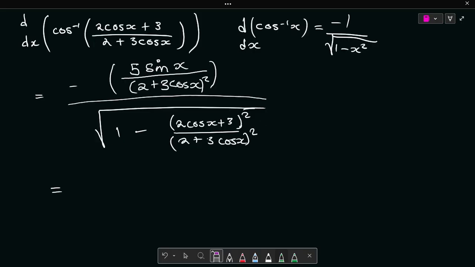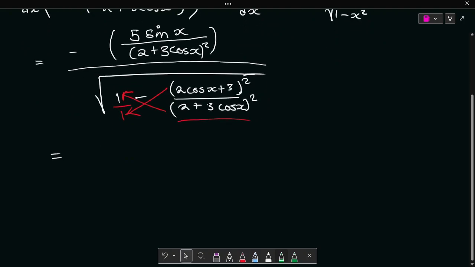Okay, so that's what we're going to get. Then we'll pretend that there's over 1 here, and we'll cross multiply so that we can have this as the common denominator.